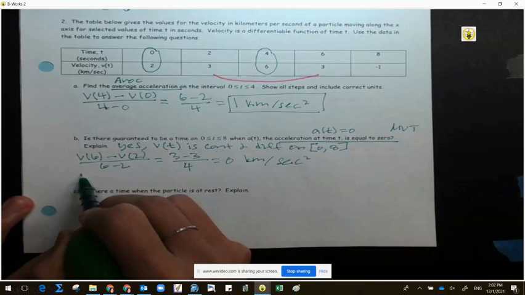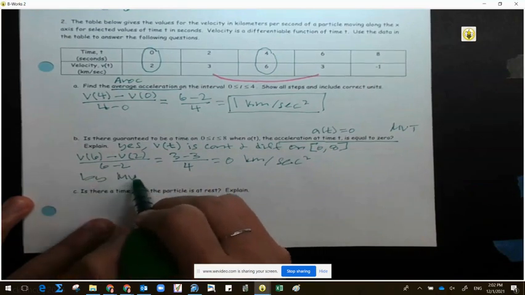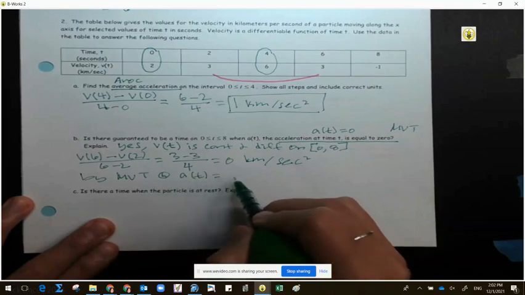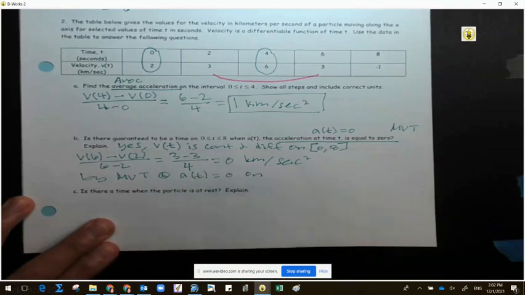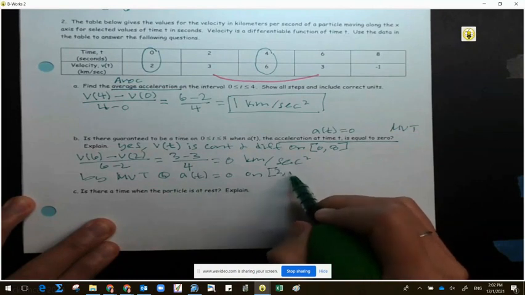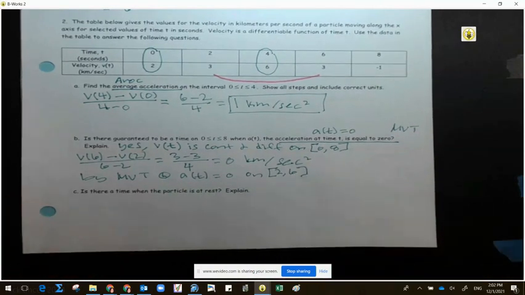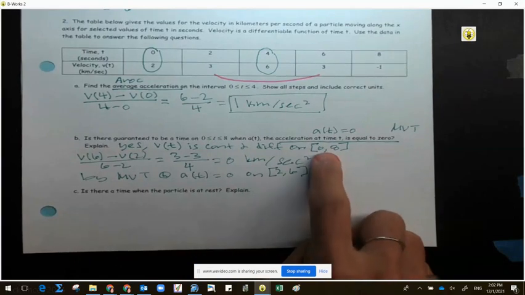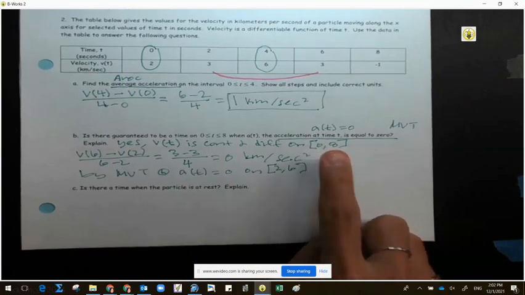So I'm going to defend this by the mean value theorem: a of t must be 0 on the interval we chose, from 2 to 6. And that is good to go. The interval within has to be always smaller than or the same as the general interval. Okay?